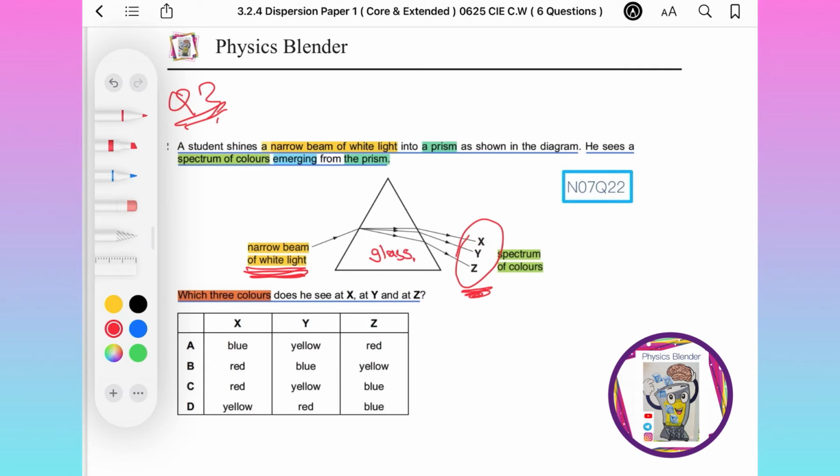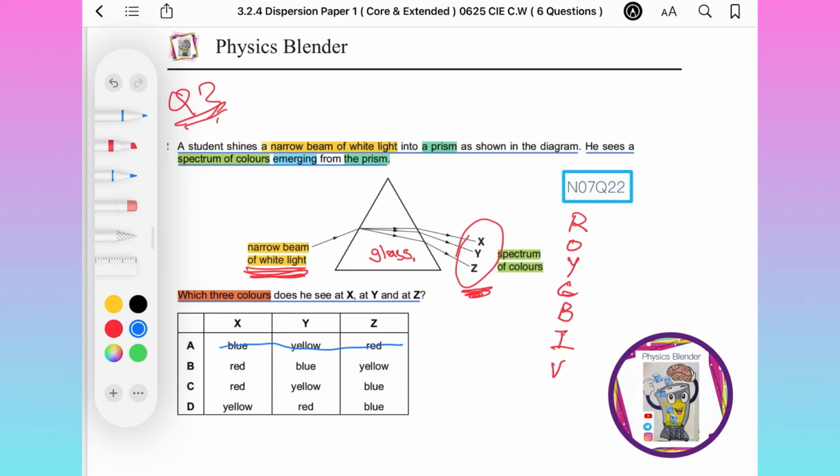The correct order, as you know, is red, orange, yellow, green, blue, indigo, and violet. Which one of the choices we have here will show you the correct order? We have blue then red, so this is not correct.